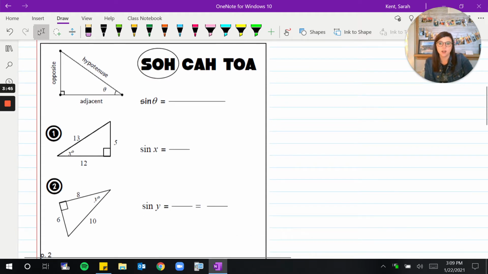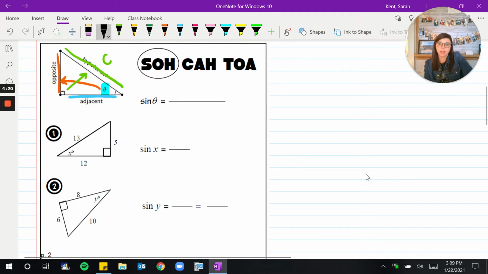All right, so here is our first set. What you can see here is in every triangle you get for this, you will have one angle that'll be given to you. The side that is right next to that angle is your adjacent side, and then the one that is across from it is your opposite side. The hypotenuse is always across from the right angle, every time.